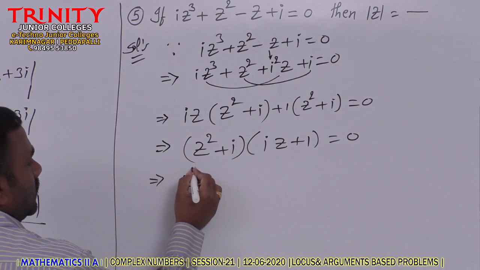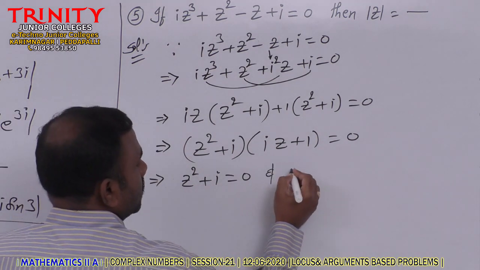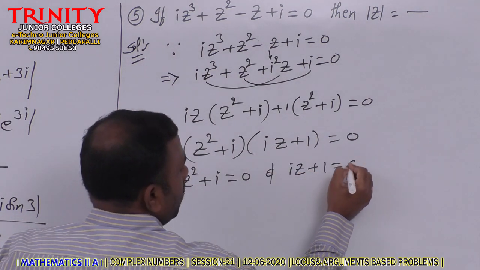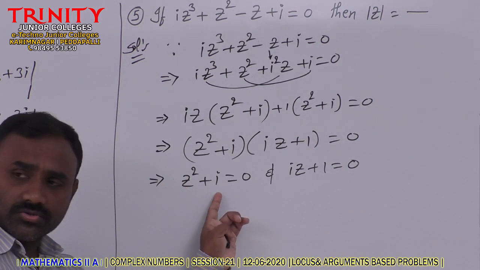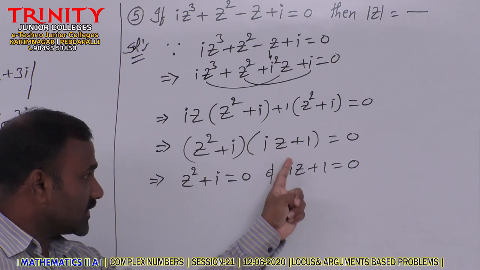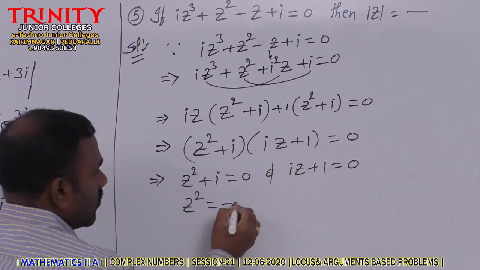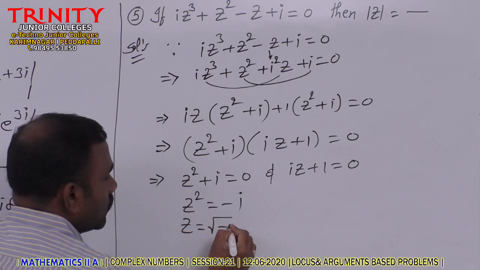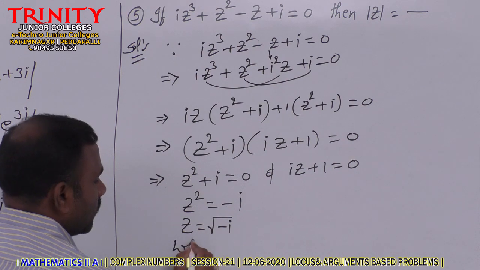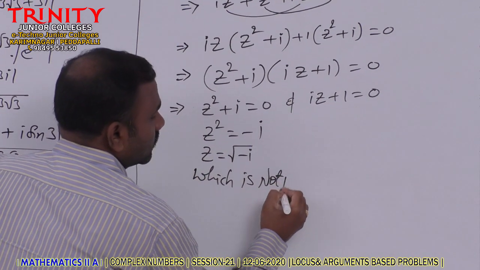Now, z square plus i equal to 0 and iz plus 1 equal to 0. Z square equal to minus i, z is equal to root minus i, which is not possible.